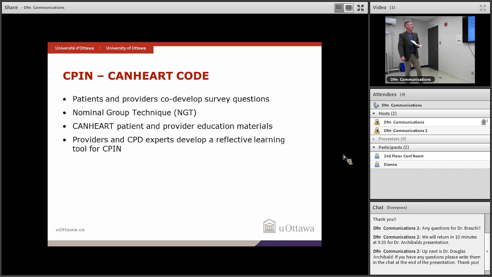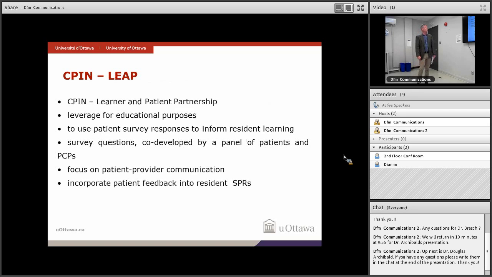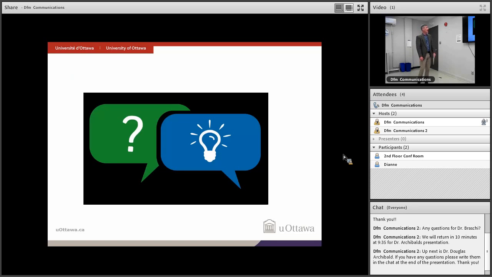So it's a neat process for coming to consensus around developing questions. That's what that study is. It's basically just to get people together to develop those questions.